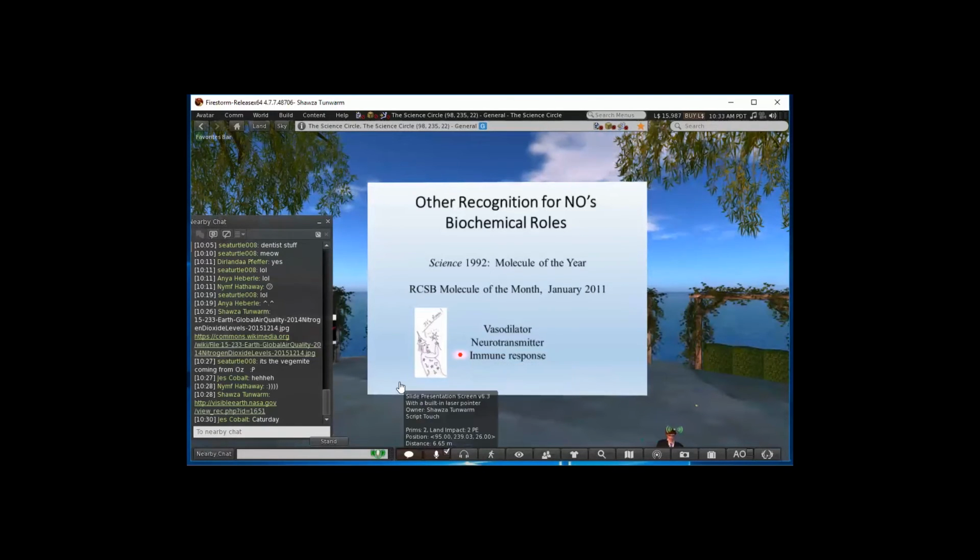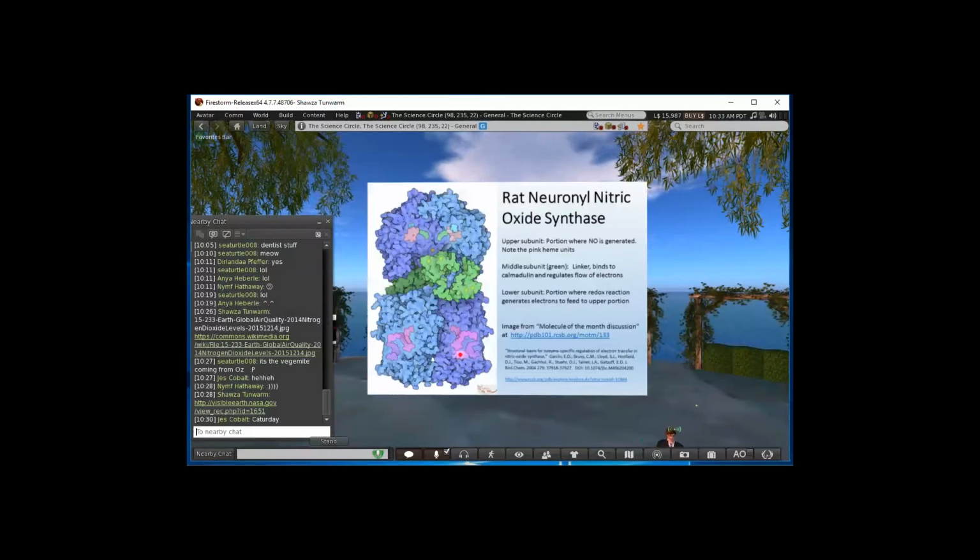So I'm going to show you some structures about how nitric oxide is managed in the body. This is rat neuronal nitric oxide synthase. It's the whole molecule. And in fact, this top part of the molecule up here is the nitric oxide synthase part.